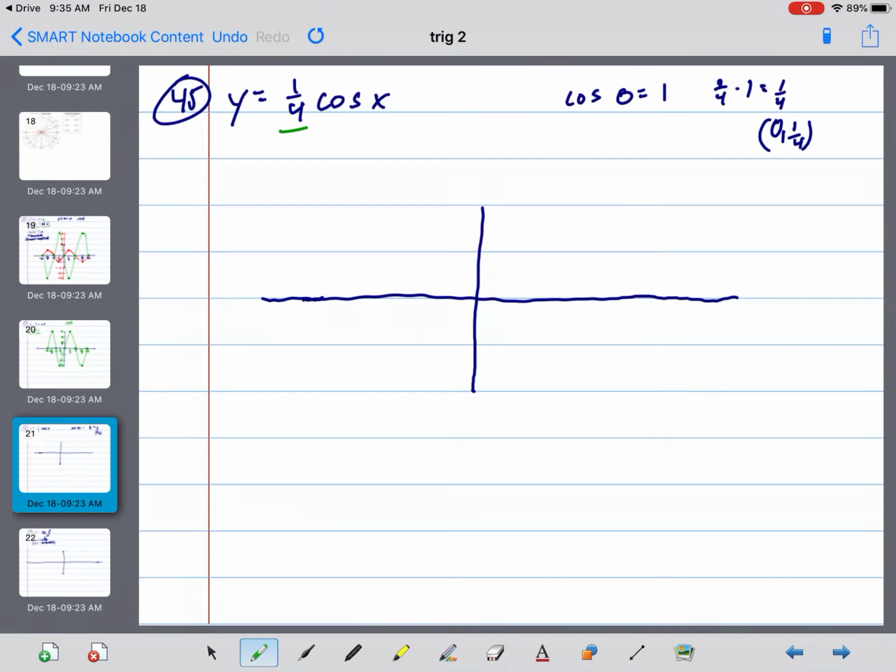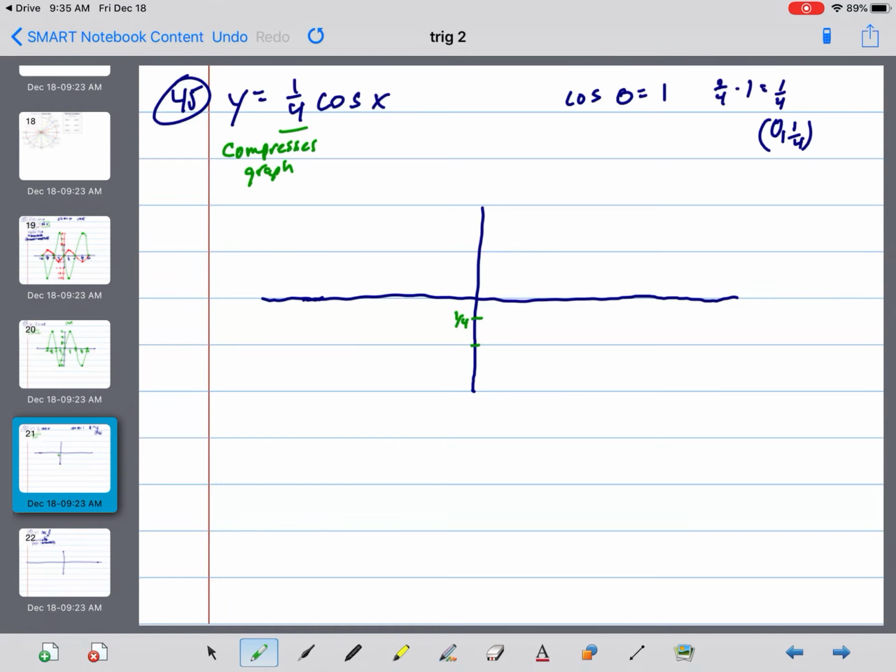All right, this 1/4 right here is going to compress this graph. So we had up to 1 and down to -1, we had up to 4 and -4, 3 and -3. This one's going to only go up. This kind of compresses the graph.